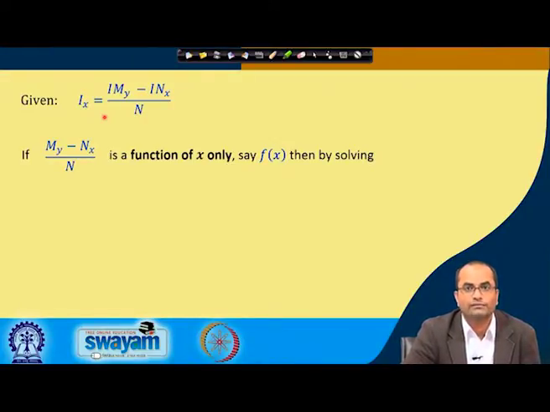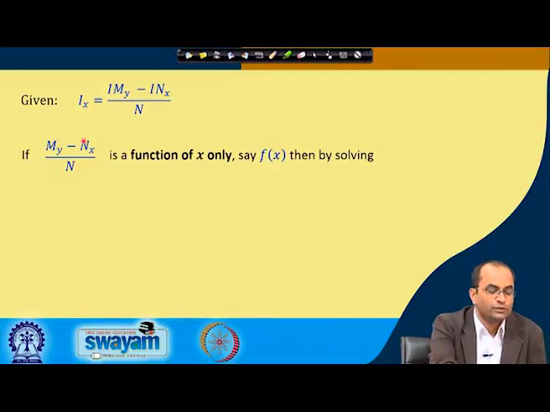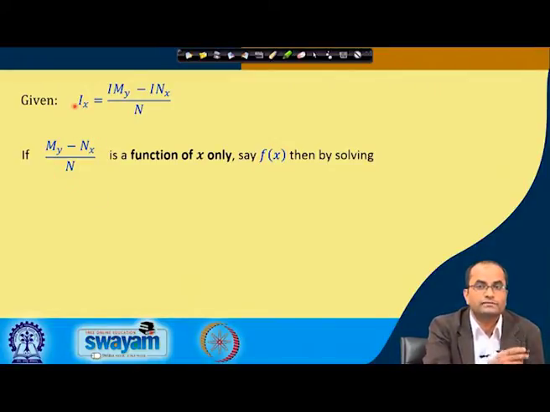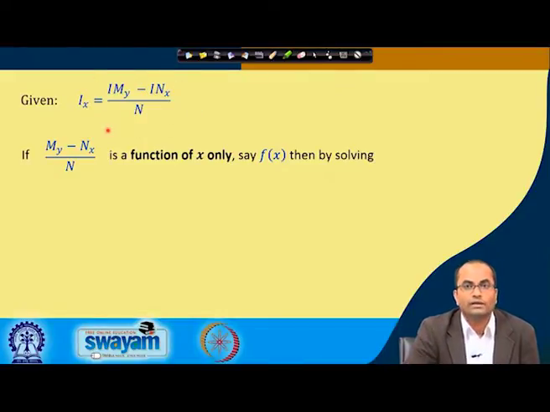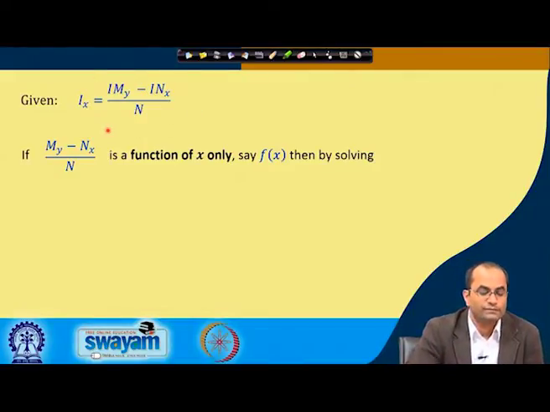That is the main condition, because it depends on this M and N divided by N. So, if this is a function of x alone, then we can solve this ordinary simple differential equation if this function is not very complicated.